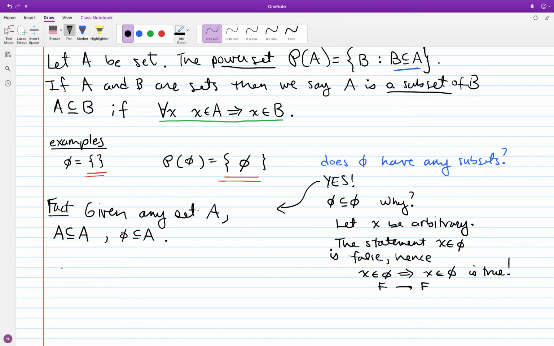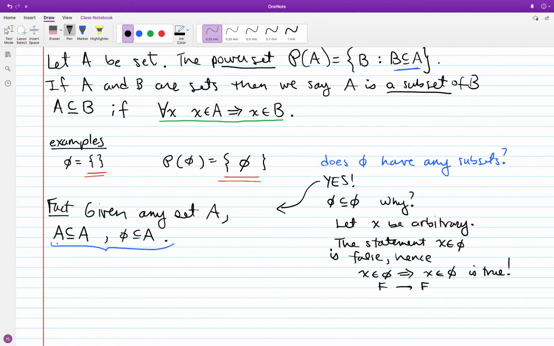Now, I want to rewrite these statements carefully using the power set symbol. This can get a little tricky, but part of the point of this chapter is to get you familiar with this language. So I'm going to use the fact that the power set is the set of subsets, so its elements are subsets of A, to rewrite these two statements.